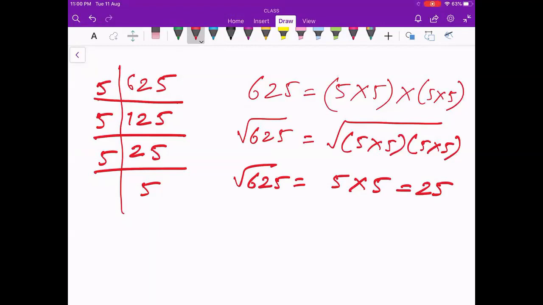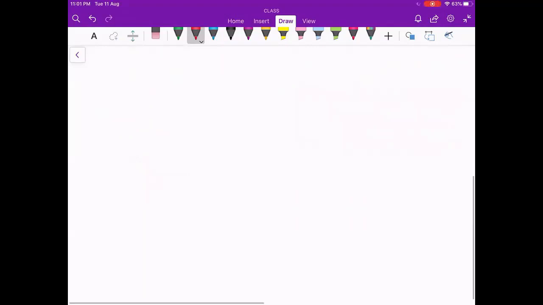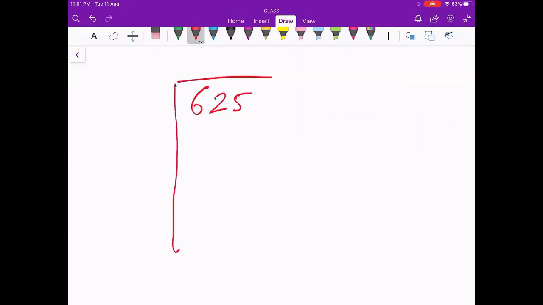Now we will just revise how we can find the square root of this number by the long division method. In the long division method, starting from the right side, that is from 5, and moving towards the left, that is towards 6, we place bars over every pair of digits.